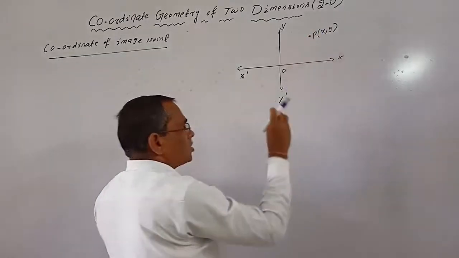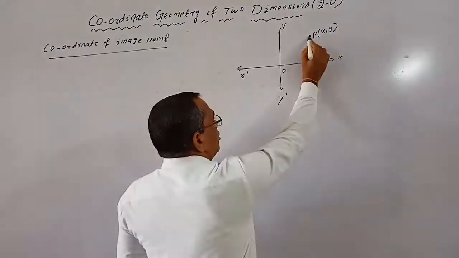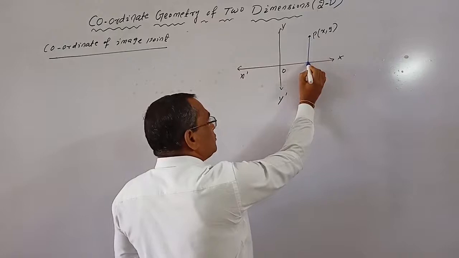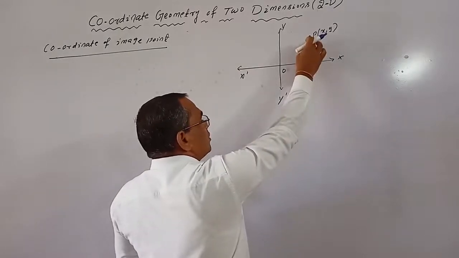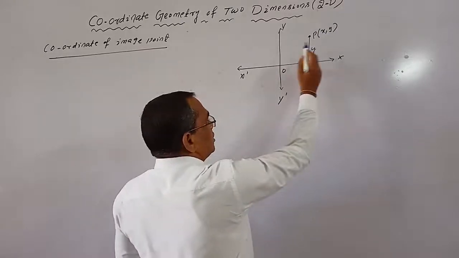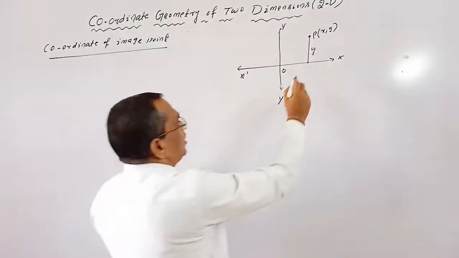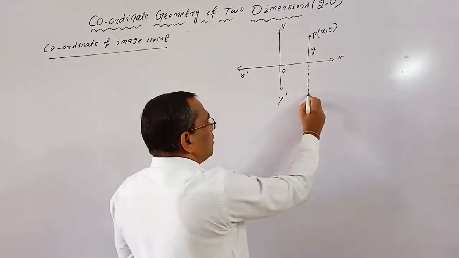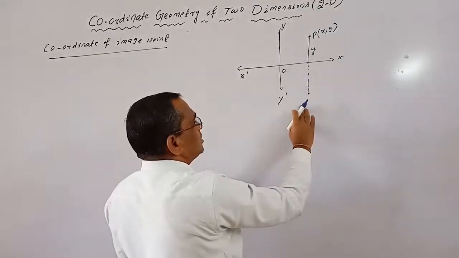For determination of the image point, first we draw the perpendicular line from this point P on the x-axis. P is at a distance y from the x-axis, so the image point must lie below the x-axis at the same distance.